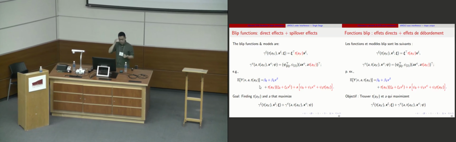We give a different modeling method. We consider two parts. Recall that in the presence of interference, we not only consider the direct effect from individuals' own treatment, but also the spillover effect from neighbors' treatment. So we model these two effect parts using two different blip models.